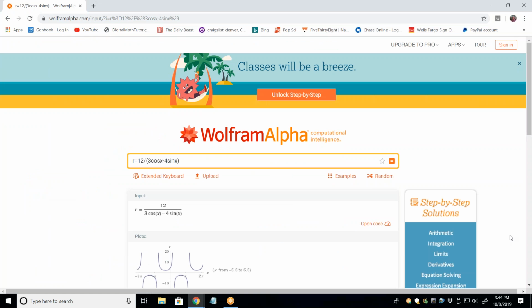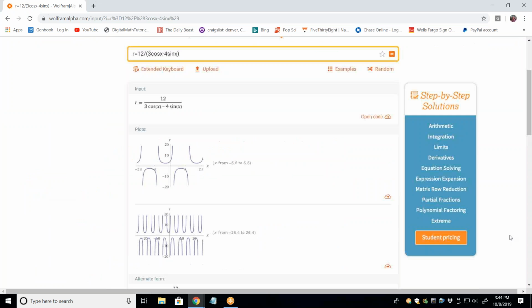I get what looks like a cosecant type curve or a secant curve shifted. And notice that it graphed it based on the fact that it was an XY coordinate plane. In other words, it didn't graph it as a polar.